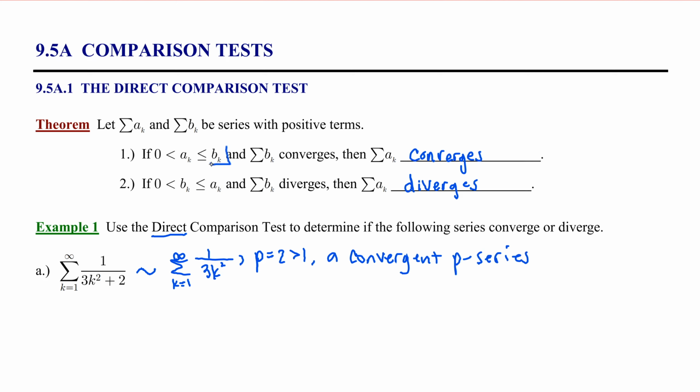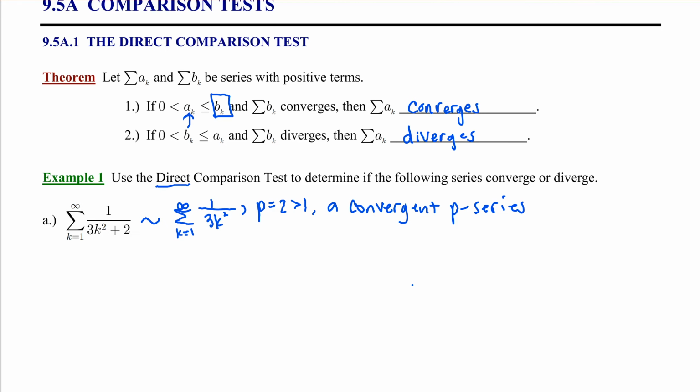So the series we're questioning is similar to a known series that converges. So if we're dealing with a convergent series, it would be convenient if we could show that the one we're trying to examine is term by term less than our convergent example here. So let's find out if that is true. The series we are examining is 1 over 3k squared plus 2, and we want to find out, is it less than or equal to the series 1 over 3k squared?